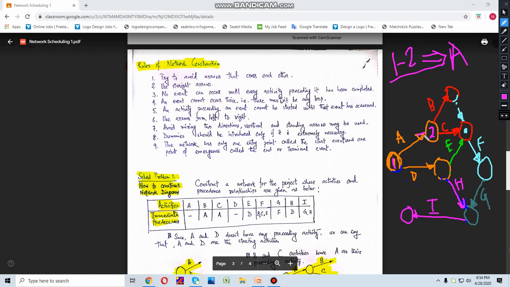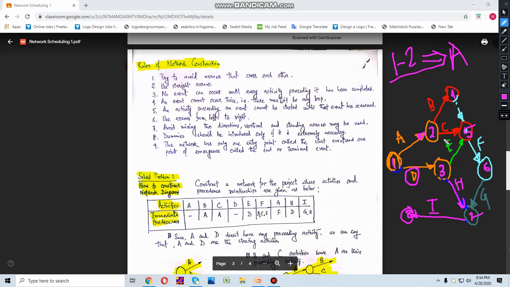Similarly, if we write 3 here, that means 1 to 3 is this D activity. So here you can write 4, 5, 6, 7, and you can write 8. So there are a total of 8 events, and you will find there are 9 activities.